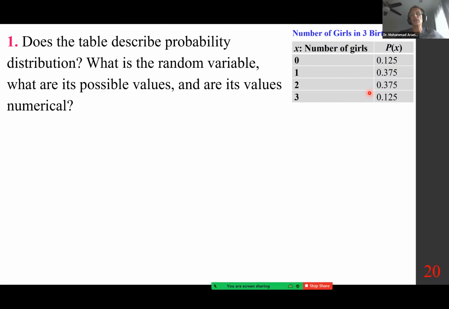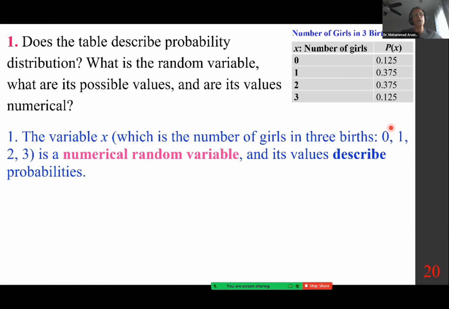In the case of a discrete probability distribution, you have a table, X and P of X, the probability. So the variable X, which is the number of girls in 3 births, 0, 1, 2, 3, is a numerical random variable, and its values describe probabilities.